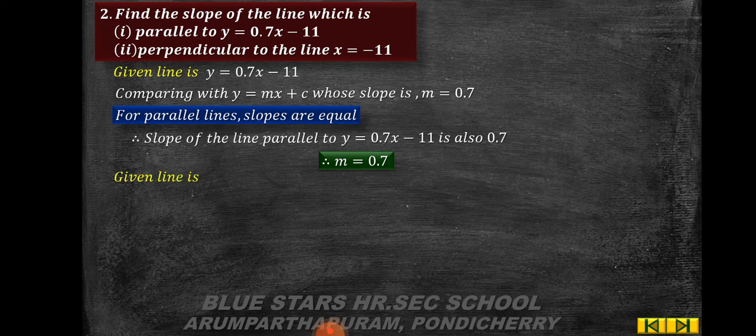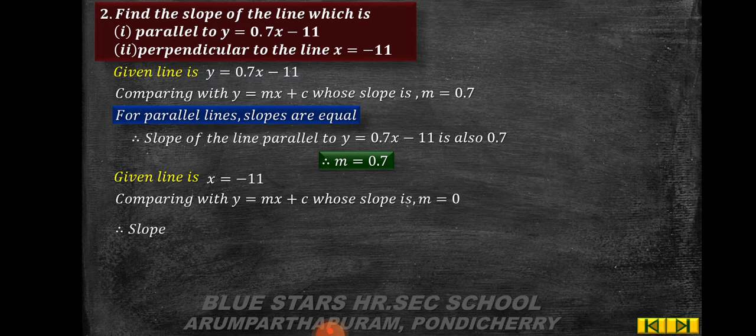So second subdivision, perpendicular to the line x is equal to minus 11. Therefore the given line is x is equal to minus 11, comparing with y is equal to mx plus c, whose slope is m is equal to 0, because here the coefficient of x is absent.